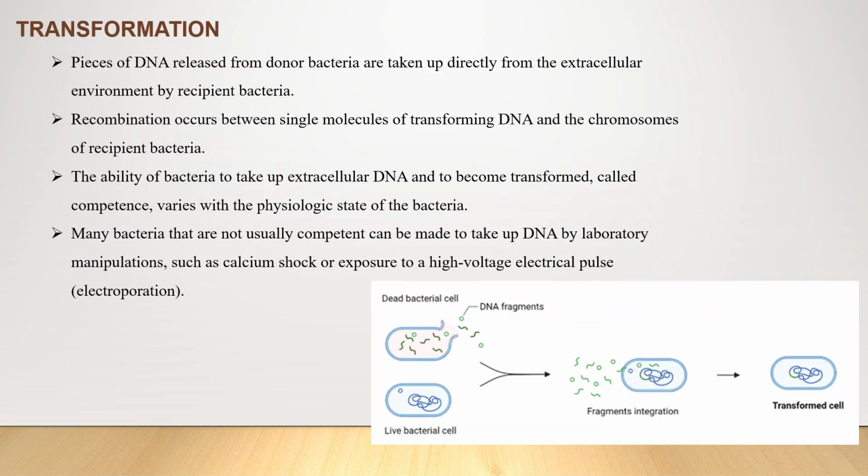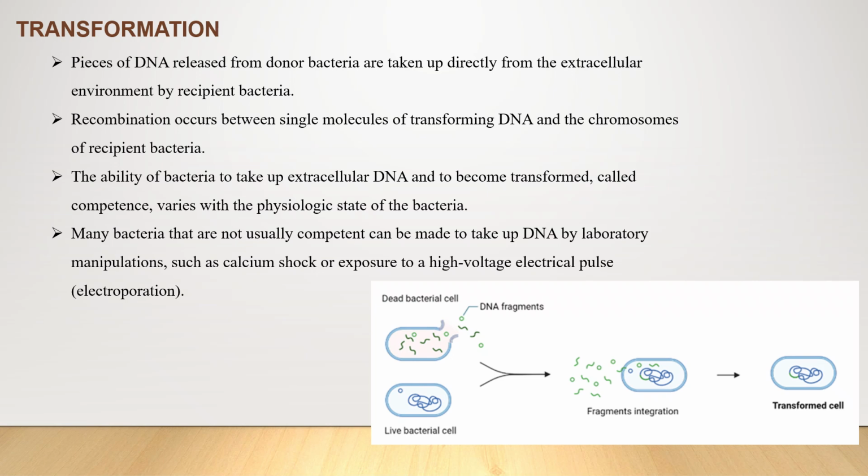The next method of gene transfer in bacteria is transformation, where pieces of DNA released from donor bacteria are taken up directly from the extracellular environment by recipient bacteria. Recombination occurs between single molecules of transforming DNA and the chromosomes of recipient bacteria.